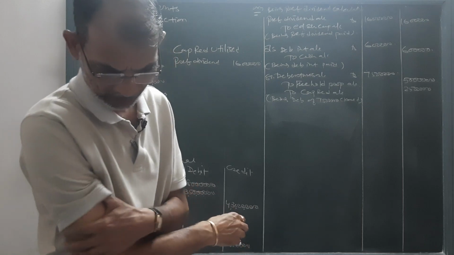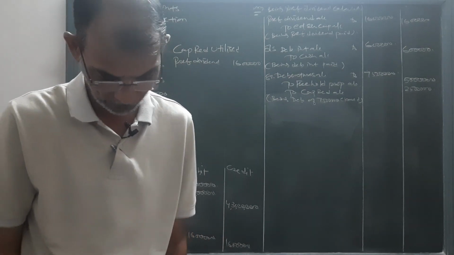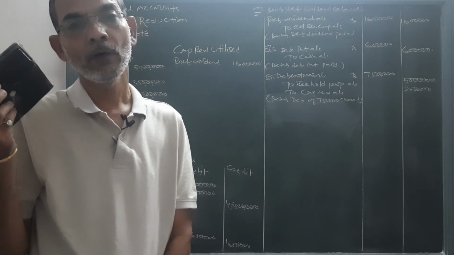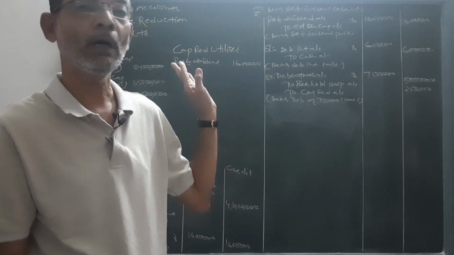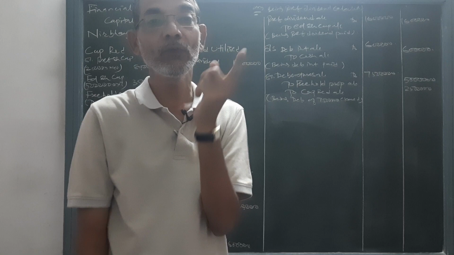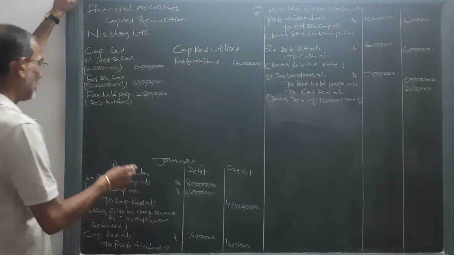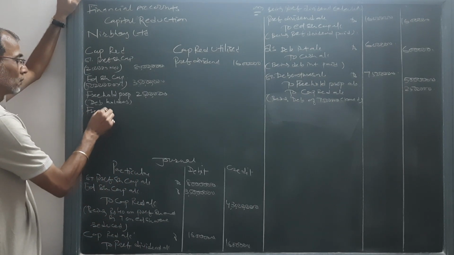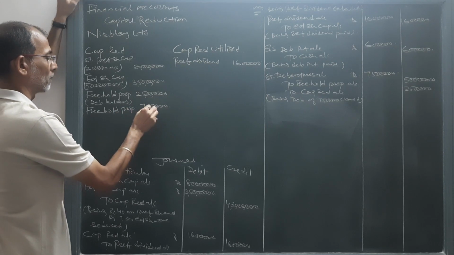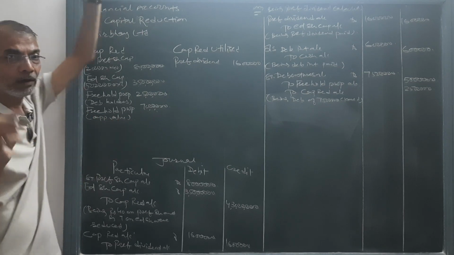Then after it has been said that the remaining freehold property is to be valued at 3 crore. Now freehold property was valued at 2 crore 80 lakh, out of which freehold property of 50 lakh has been allotted to debenture holders. So freehold property of 2 crore 30 lakh will remain, which is revalued at 3 crore. So 70 lakh will be the appreciation value, or revaluation value.